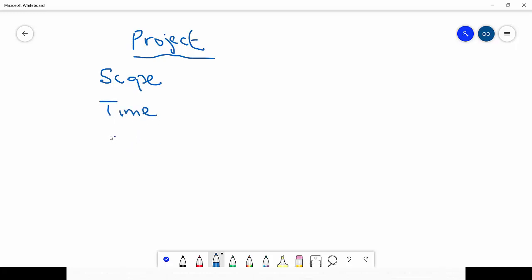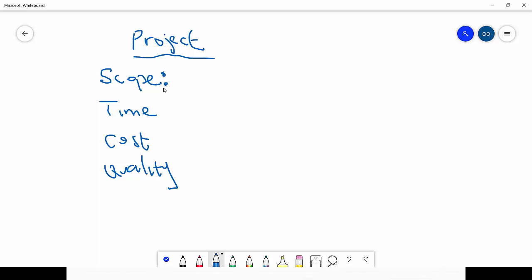You talk about the cost of the project, and then the quality of the project. Now, of these 4 functions, 3 of those are kind of self-explanatory. I don't have to spend a lot of time. What I'm going to focus on is the scope. And really, this is why I took a detour to talk about projects at this point.